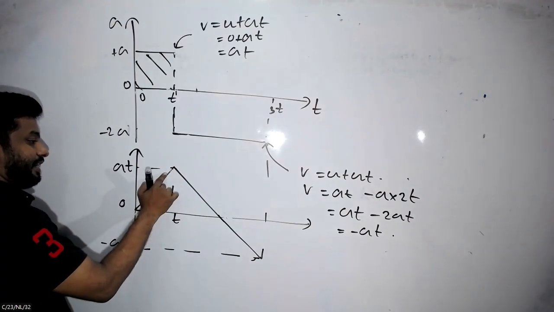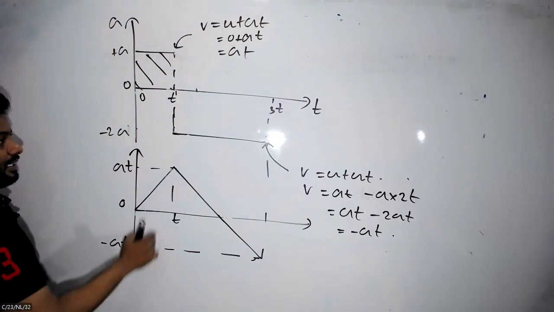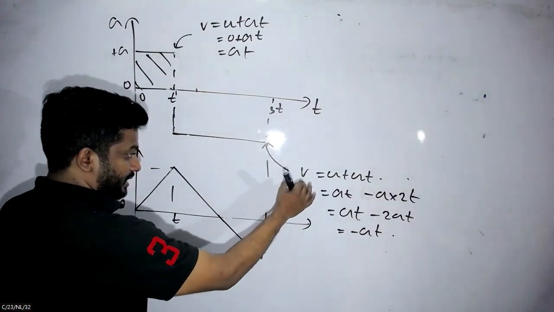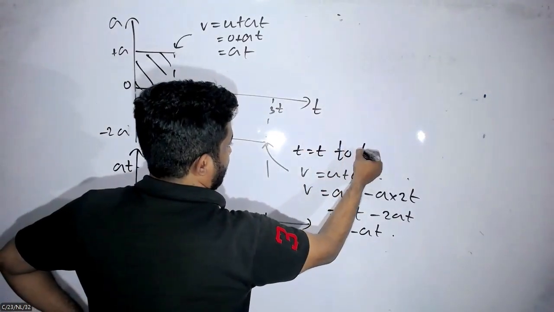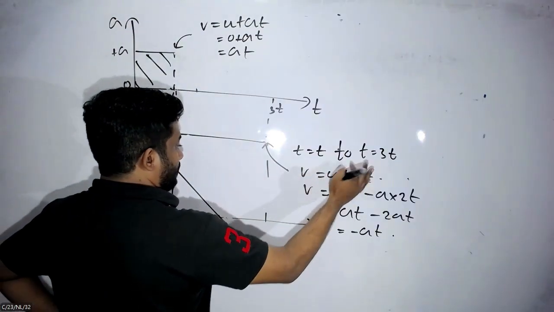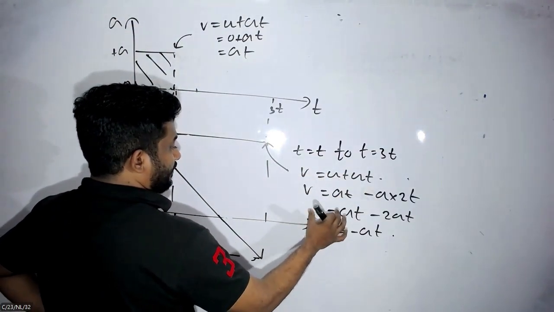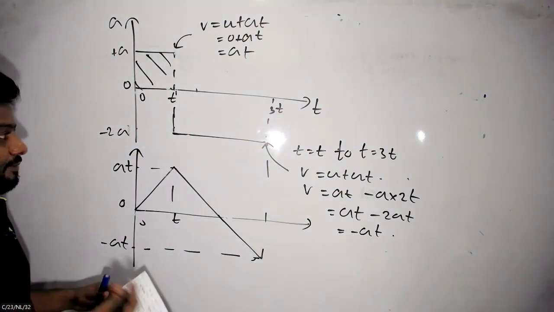Due to this acceleration, the object increases velocity from 0 to aT, then decelerates. For the second motion from t equals T to t equals 3T, you can apply v equals u plus at, then you can observe that the final velocity is minus aT. Okay, then you can find the answer.